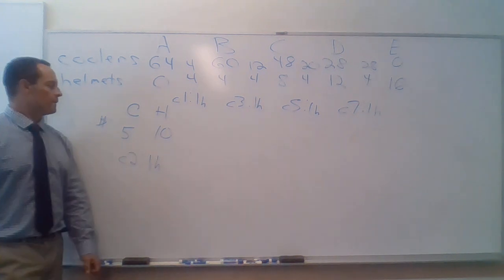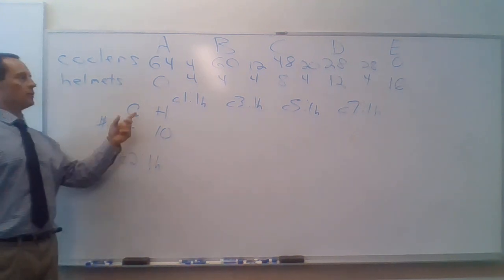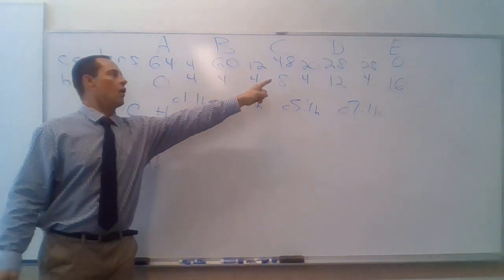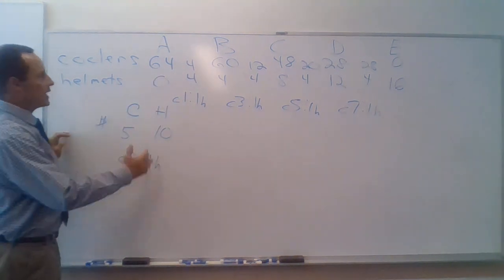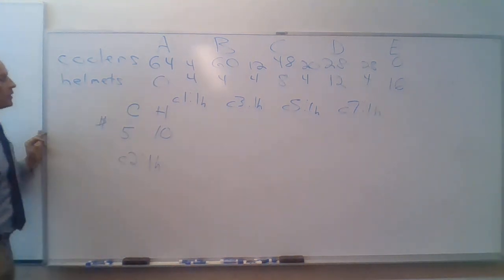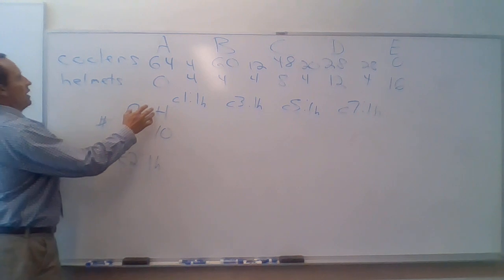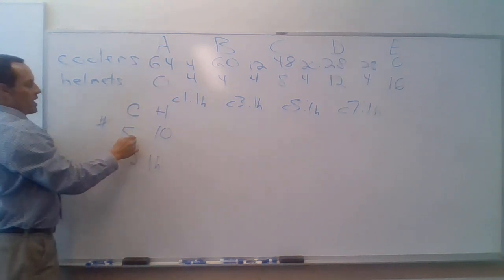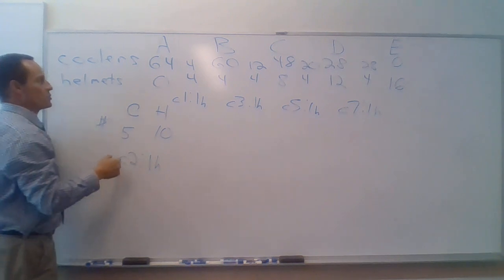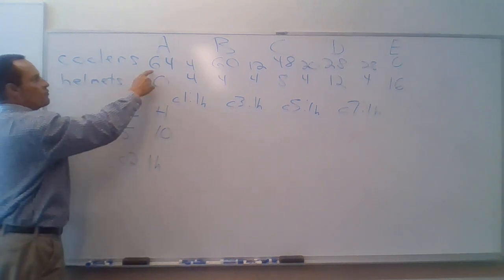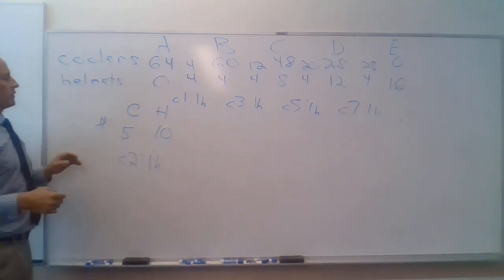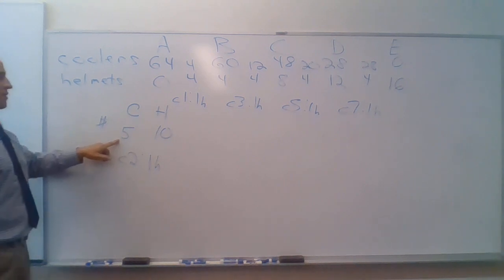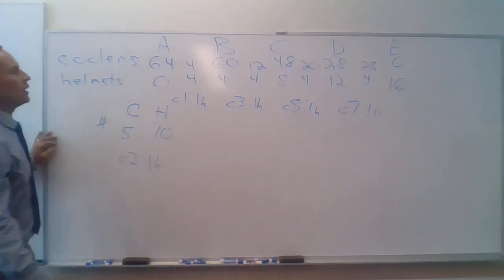So you could take these dollar values and multiply them by the quantities here and get totals. For example, with helmets, we didn't make any helmets at point A. We have coolers being worth $5 a piece. So this would be $320 when coolers sell for $5 and helmets sell for $10.